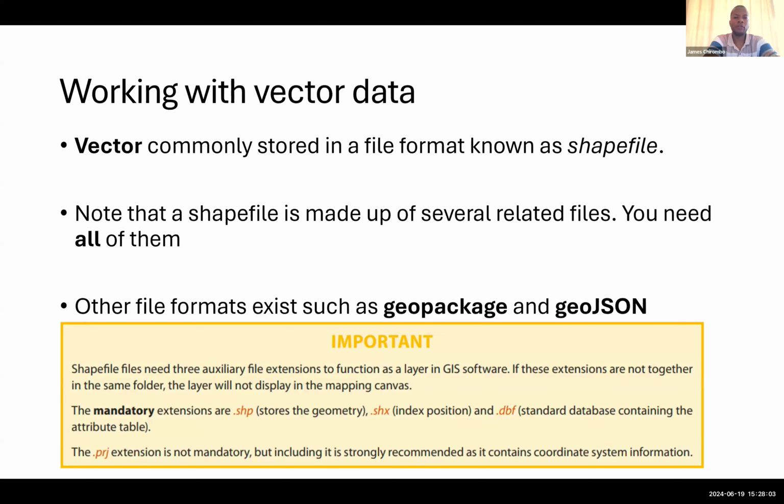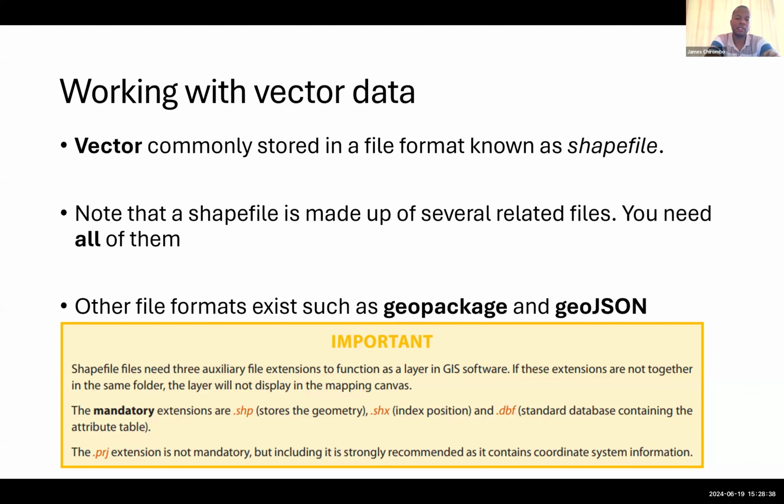Now, when it comes to working with the actual vector data, usually the data will come in a format known as a shapefile. And most of you have probably used shapefiles at some point. It is made up of several related files, and you need all of them to work properly with the data. The data will have an extension .shp. That's the shapefile itself, and this is the file that is going to store the geometry, whether it's a line, a point, and so on.